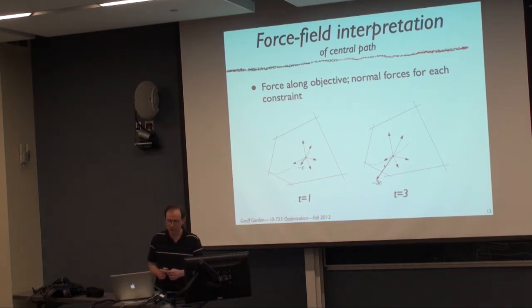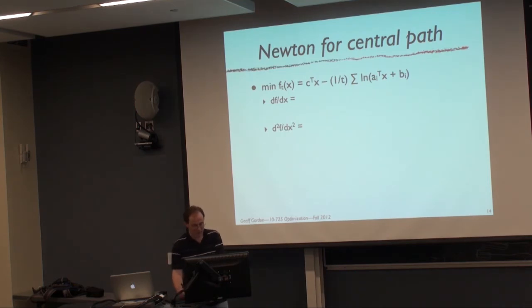So we can do Newton's method for the central path. It's going to look really, really familiar, right? So we already calculated the gradient of that term. That's going to be minus 1 over t times the sum of 1 over the slacks times the constraint normals. And then we just have a c from the gradient with respect to x, right? And then the same thing for the Hessian.